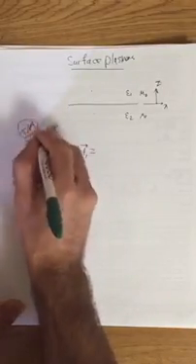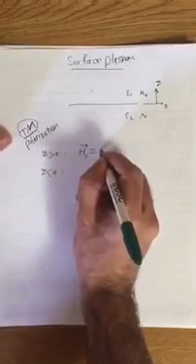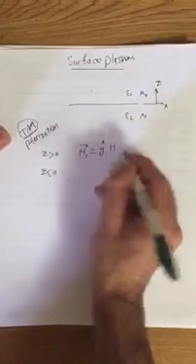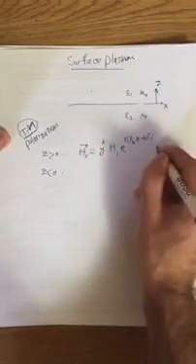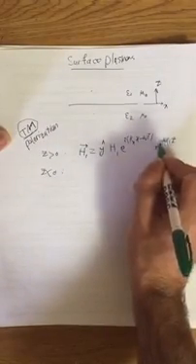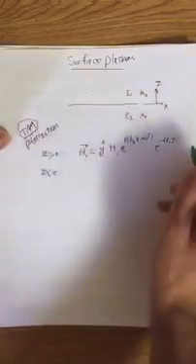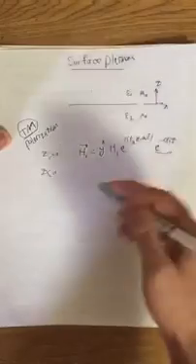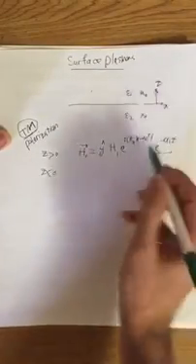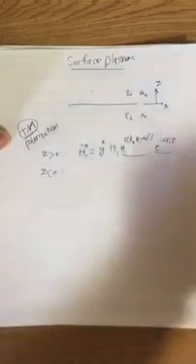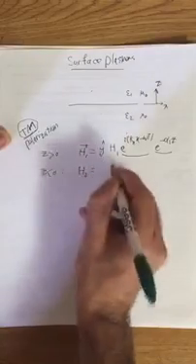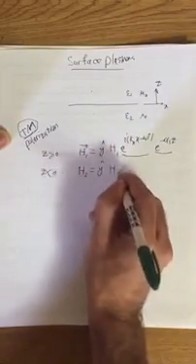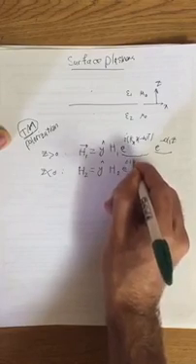Since it's TM, it's going to be along the y-axis: H1 e^(i(kx x - omega t)) e^(-alpha z). Notice the sign of this term is negative because z is positive, so this term represents the decaying along the z-axis, and this is the part showing the wave going in this direction. So H2 the same, I have H2 e^(i kx x).